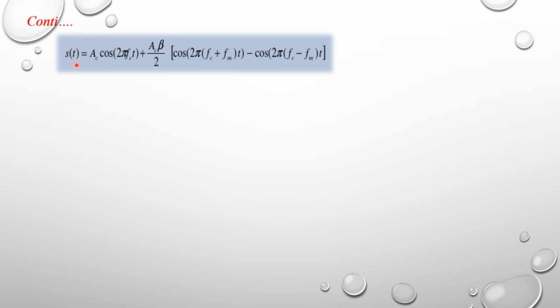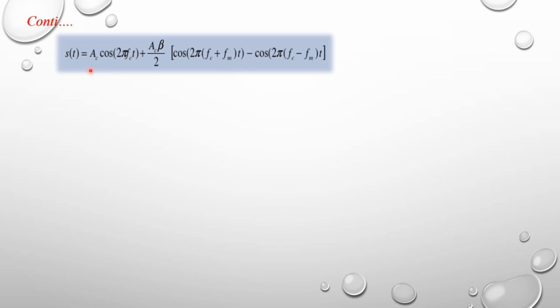The equation is S of t equal to AC cos 2 pi fc t plus AC beta by 2 into cos 2 pi(fc plus fm) t minus cos 2 pi(fc minus fm) t. So this is the narrowband FM equation. This equation is similar to the amplitude modulation equation except for the negative sign.